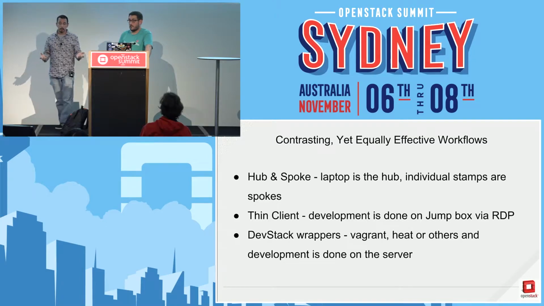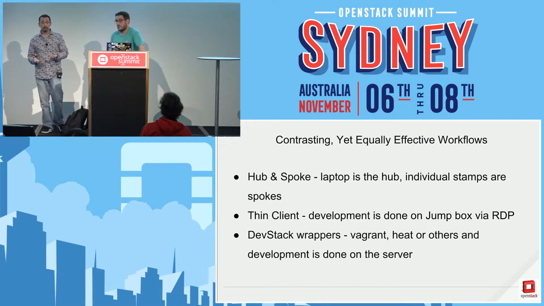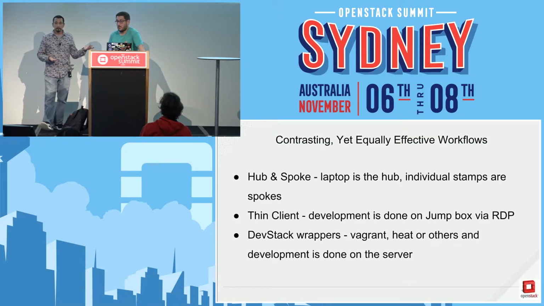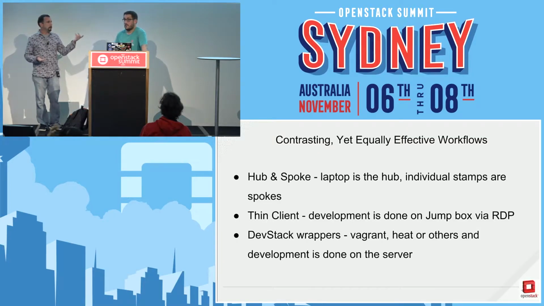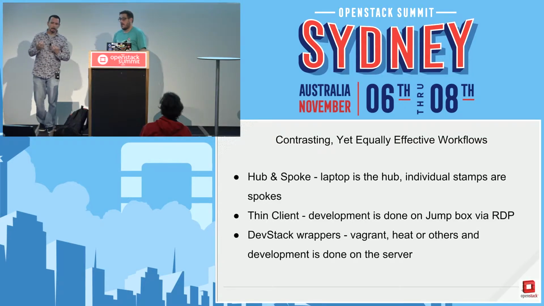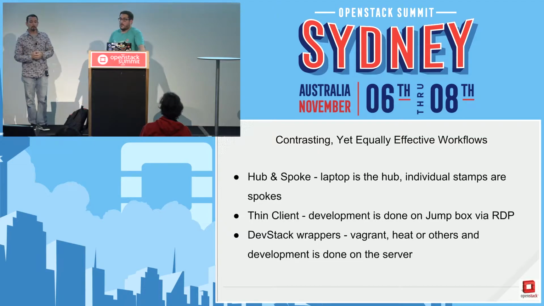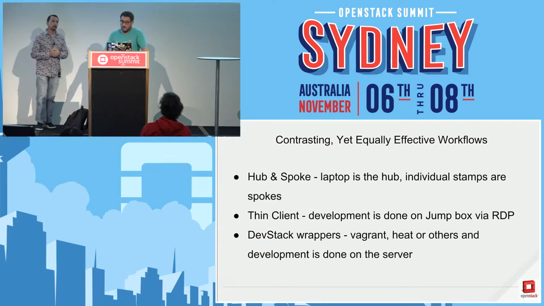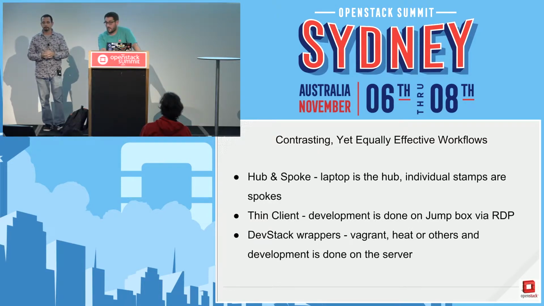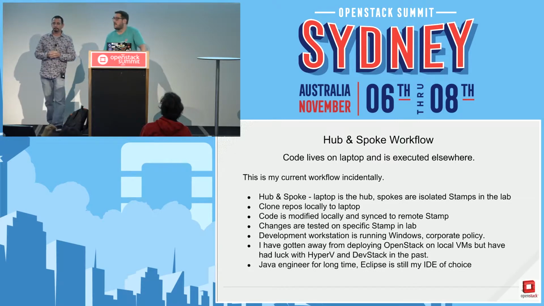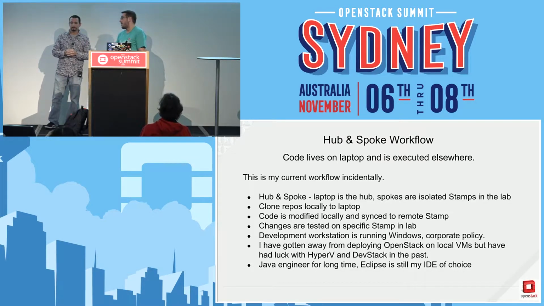If you're doing pure upstream development on, say, projects like Heat, or you're working on Kuryr now, using a DevStack wrapper might be the way to go. So let me speak a little bit about what DevStack wrapper means.